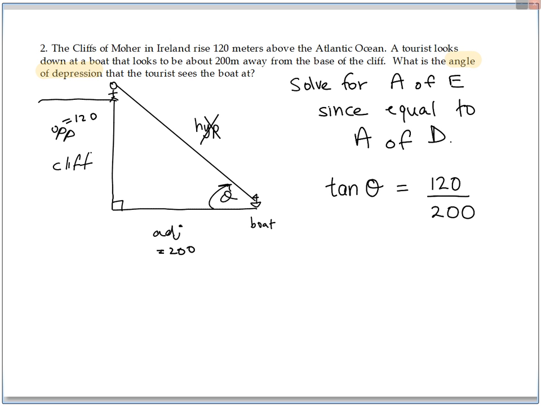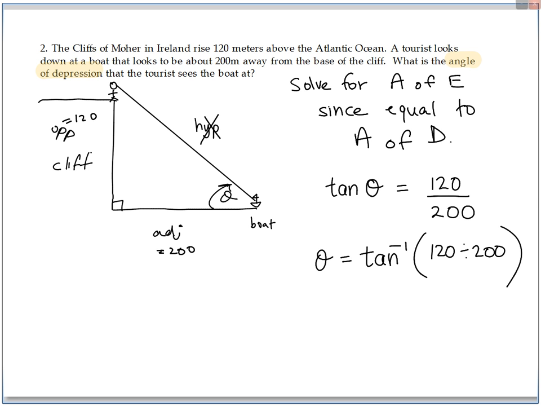The second function. You only use the second function for solving for angles. If you're solving for a side, you just use the regular function. So theta is tangent inverse 120 over 200.